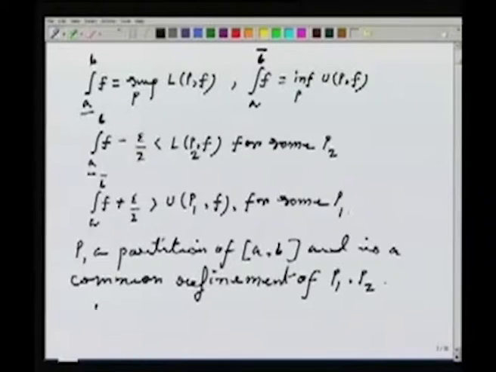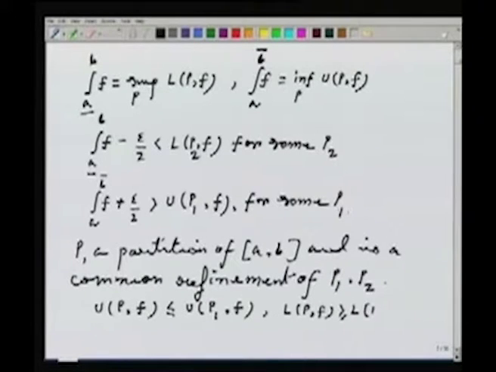So that is a refinement. And then I know the following thing, that U(P,f) is less than or equal to U(P1,f), and I also know that L(P,f) is bigger than or equal to L(P2,f). This is the result which I have proved in the last lecture. Now what does this mean? I look at the quantity U(P,f) minus L(P,f).